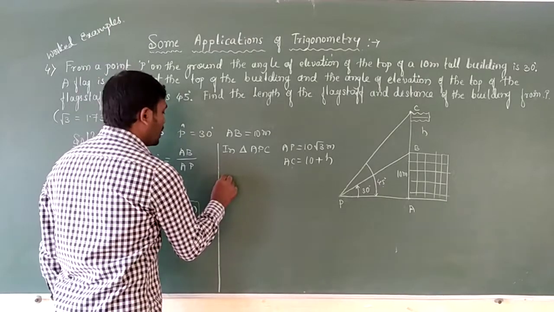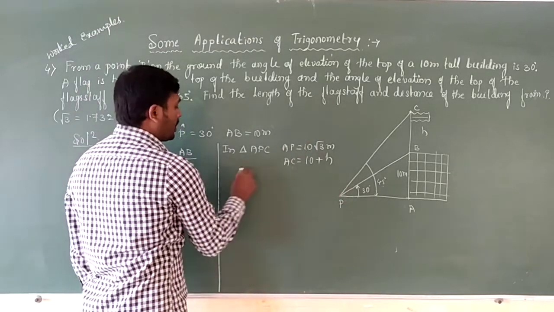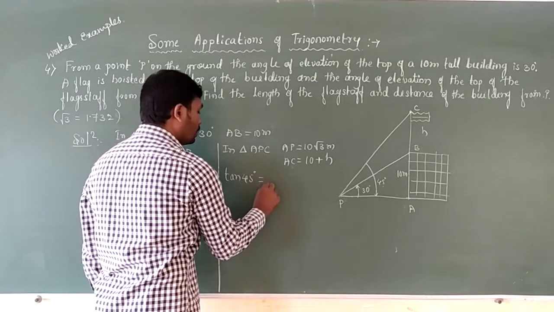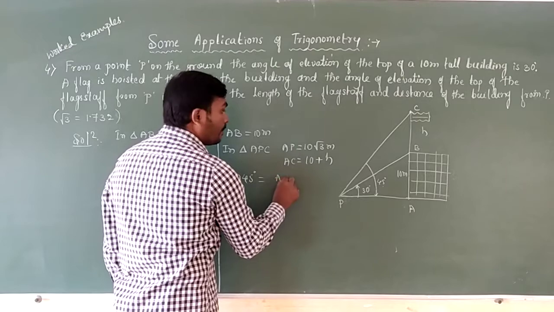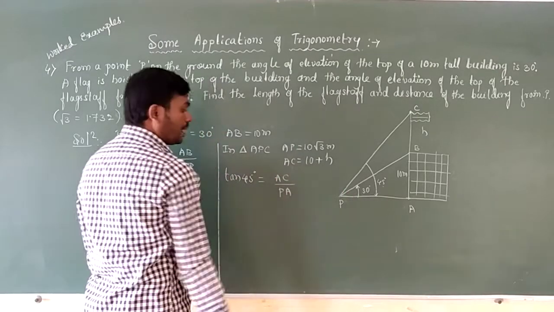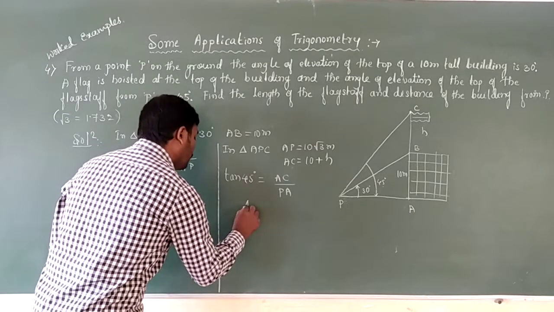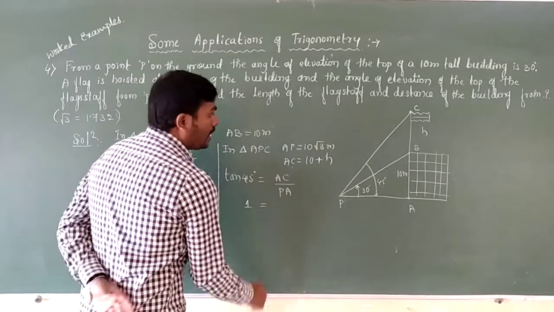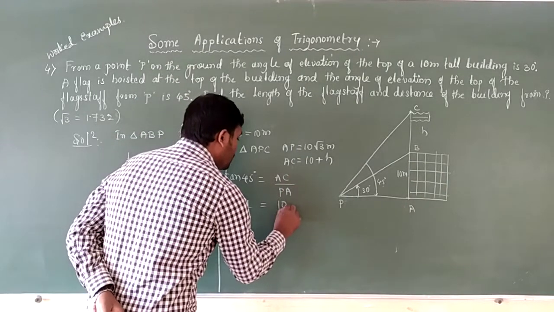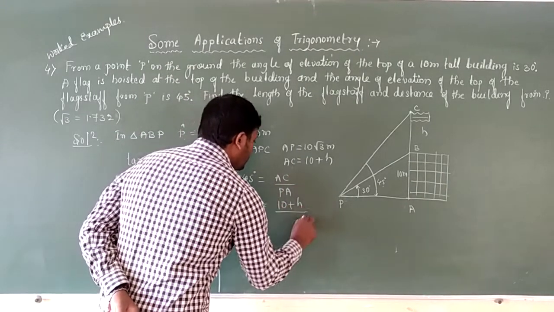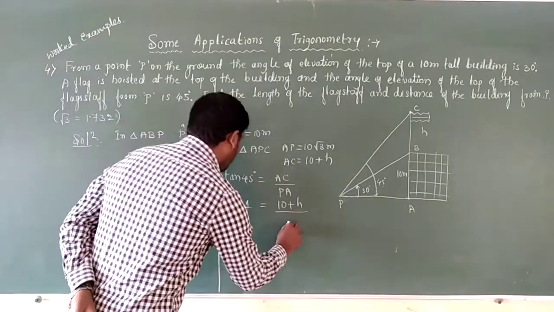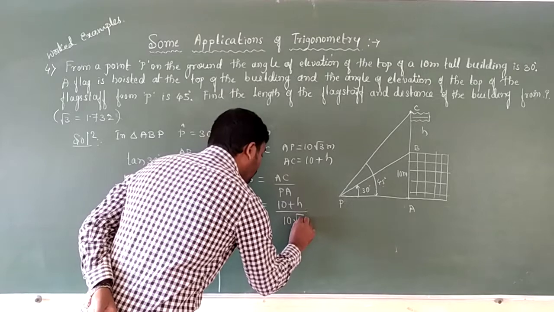So now we will use again the opposite and adjacent relation. tan 45 degrees is equal to opposite, that is AC, divided by PA. tan 45 is 1, so 1 is equal to AC, that is 10 plus H, divided by AP, which we found, 10 root 3.